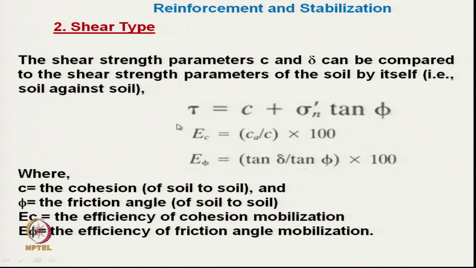This is done by calculating E c, the efficiency of cohesion mobilization, where C is the soil cohesion between soil and soil, and Ca is the soil geotextile cohesion. Using E c and E phi, we can get to know the efficiency of using the geotextile.